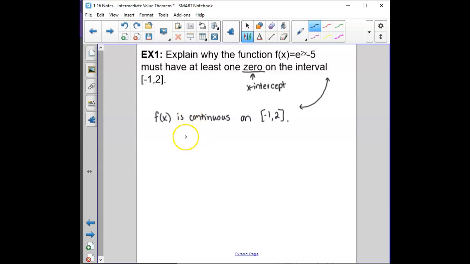And what I'm going to do is find f of -1. I'm going to plug in -1. And so if I plug in -1, I've got e to the 2 times -1 minus 5, which is going to be e to the -2 minus 5. And I'm going to do this.